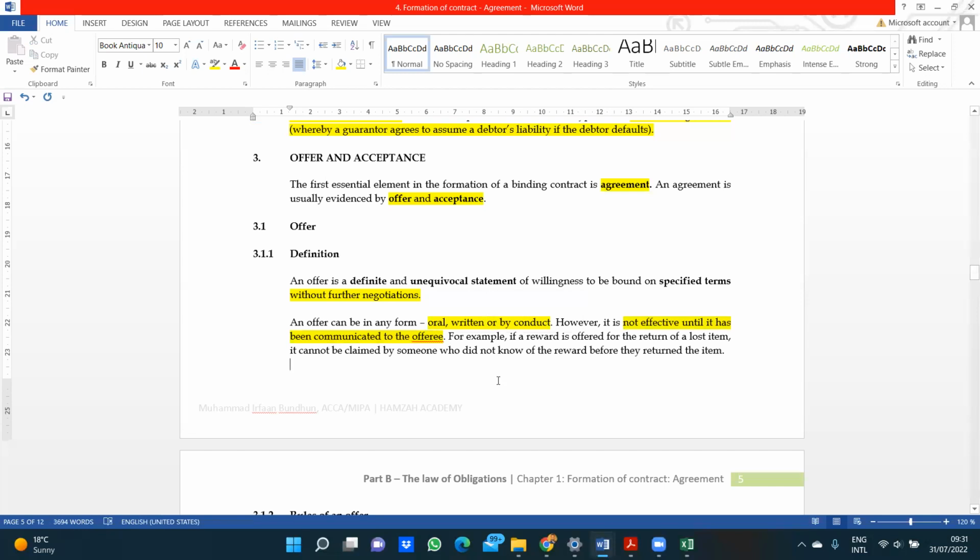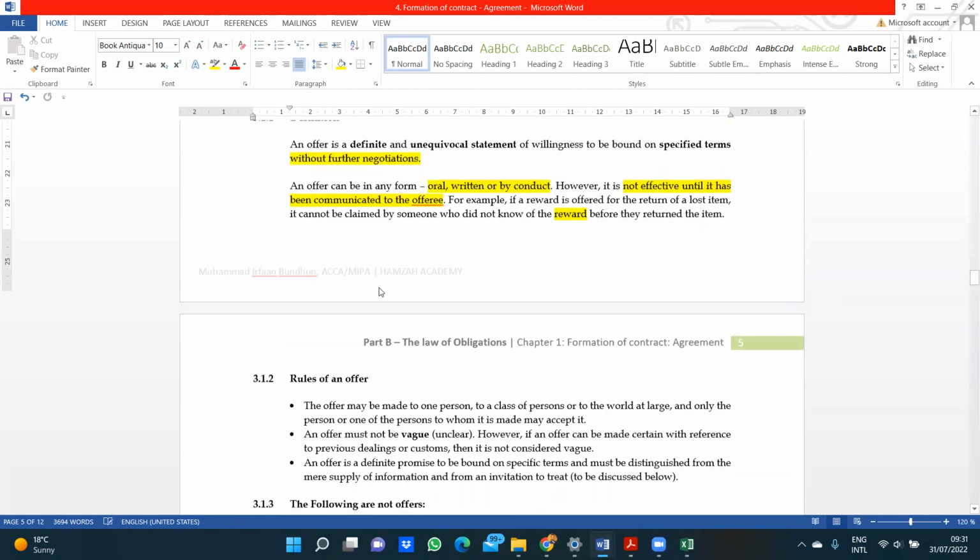For example, a reward offered for a lost item cannot be claimed by someone who did not know about the reward before they returned the item. Again, an offer is a definite and unequivocal statement of willingness to be bound to specific terms without further negotiations.